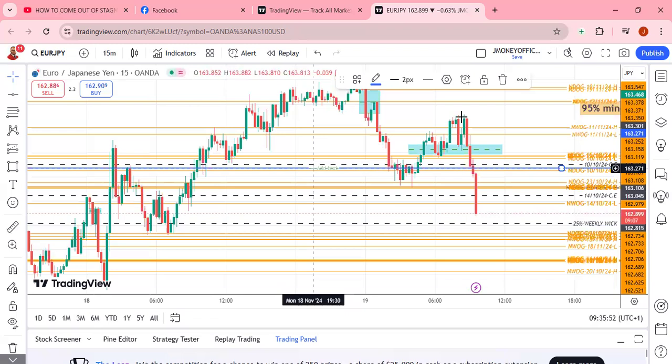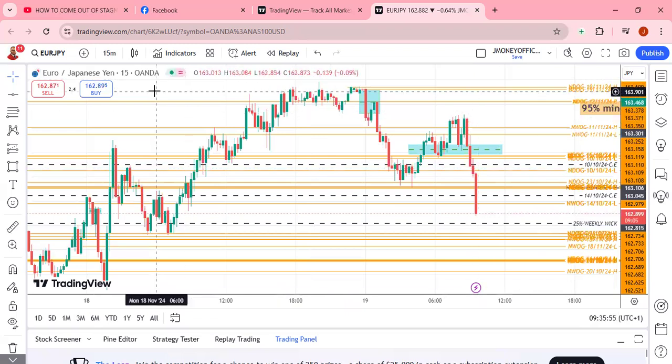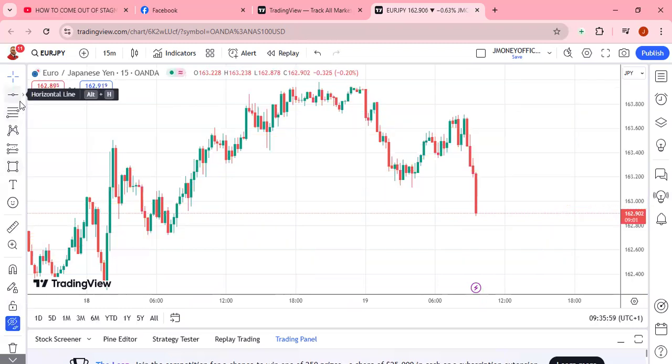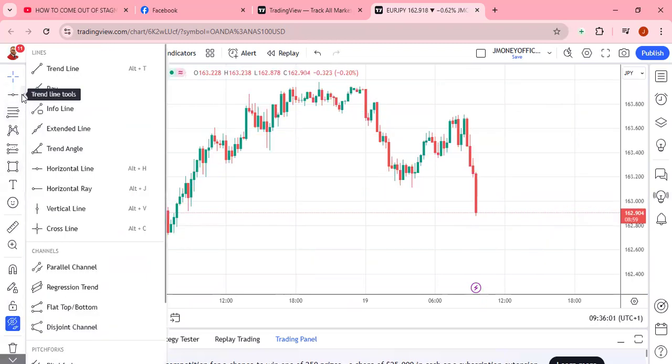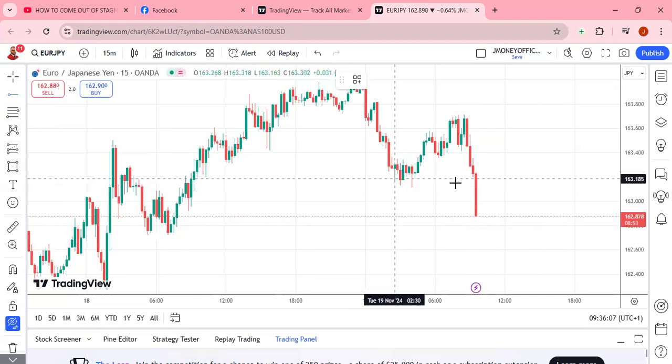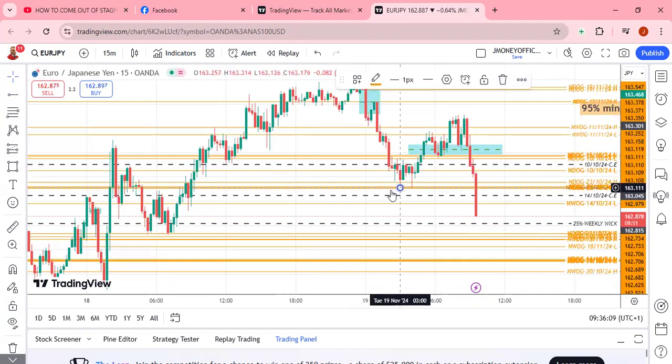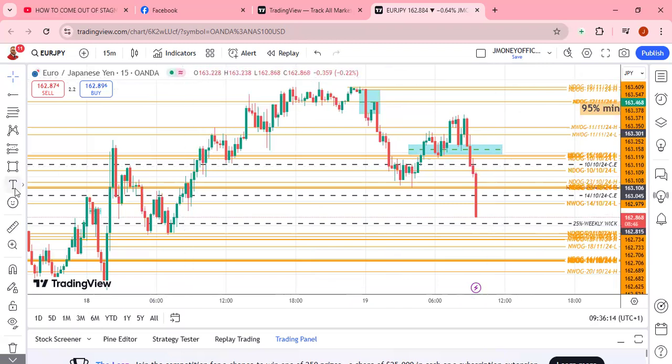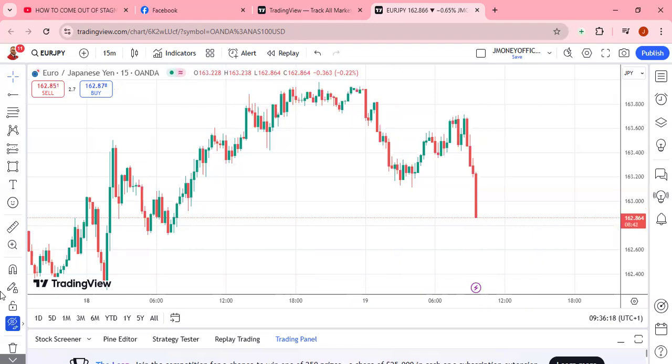Those are the horizontal lines. The one I mostly use is the horizontal ray. Anywhere I put it, it starts from that particular place and then goes further. Those are some of the particular things I have been using.